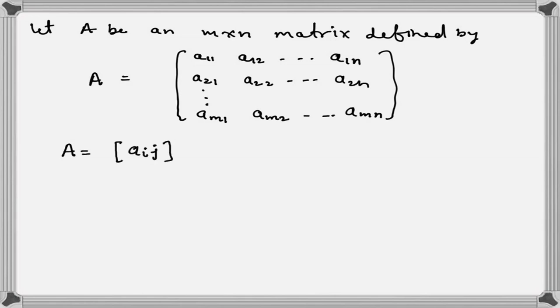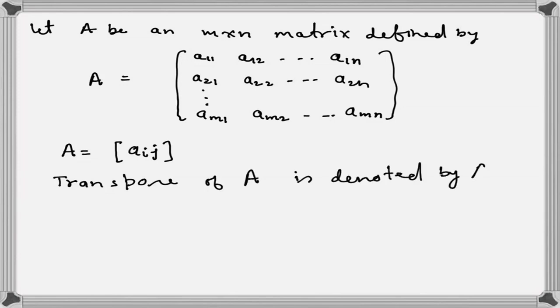Then let's define the transpose. Transpose of a matrix A is denoted by A transpose, AT, and it is defined by interchanging the row and the column.